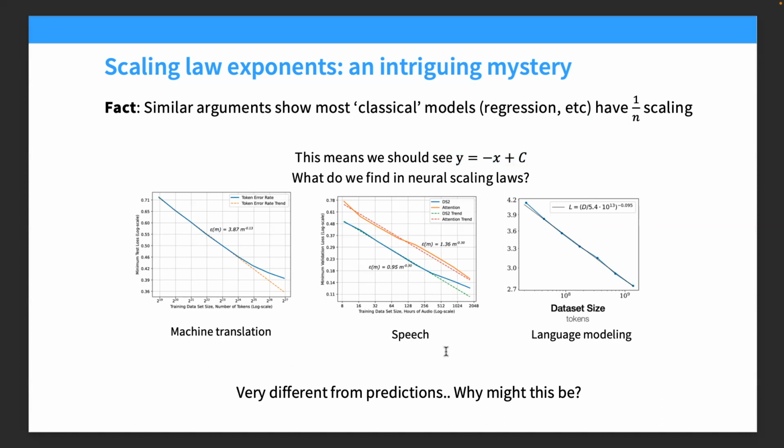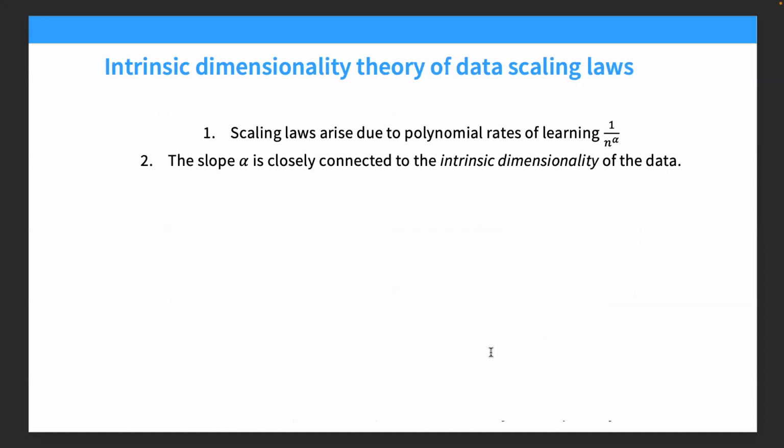So then people wonder, why is this different from prediction? Why is it not this simple? What factors affect the slope of the line? Right now we know it's a simple line, but different problems and different data sets may have a different slope, and that slope is alpha.